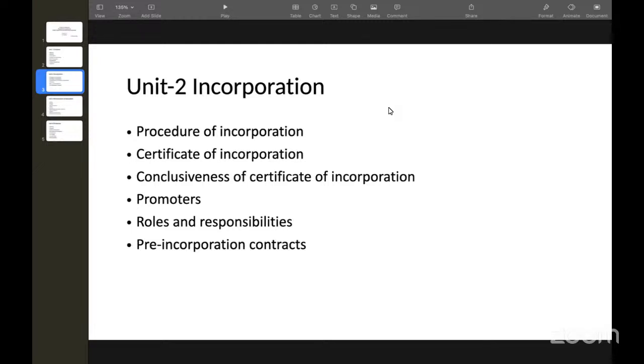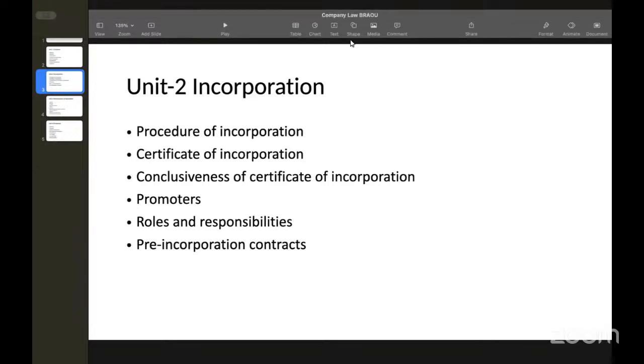Next is responsibilities of promoters, fiduciary duty, disclosure of profits, liability for contracts. Next is pre-incorporation contracts. In that we have legal nature of pre-incorporation contracts.